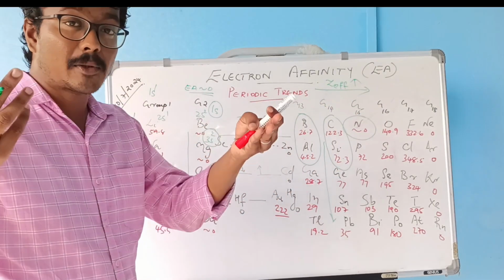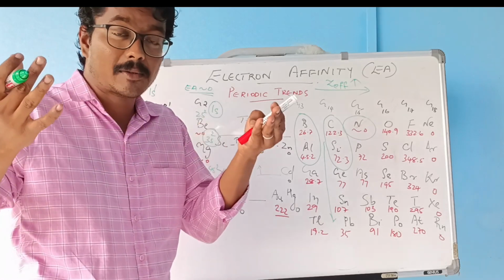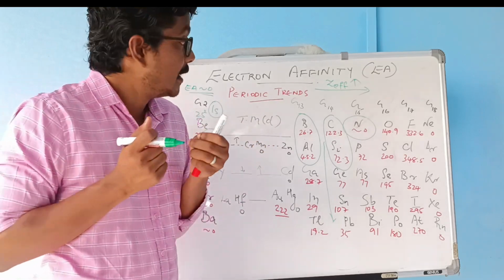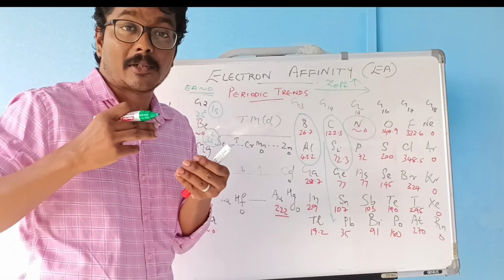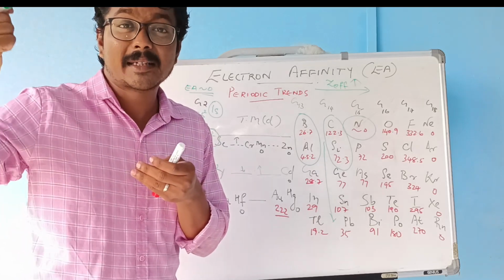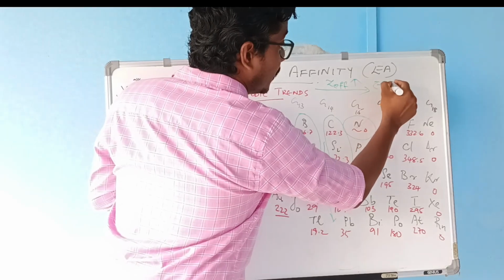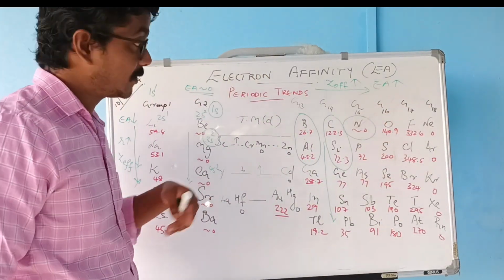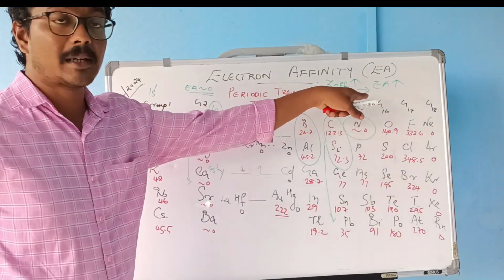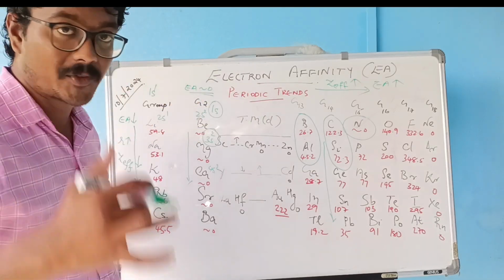So the electrons are closer to the nucleus. As a result, the incoming electron feels an attraction from the nucleus. So electron affinity also increases. Across a period, electron affinity increases; down a group, electron affinity decreases.